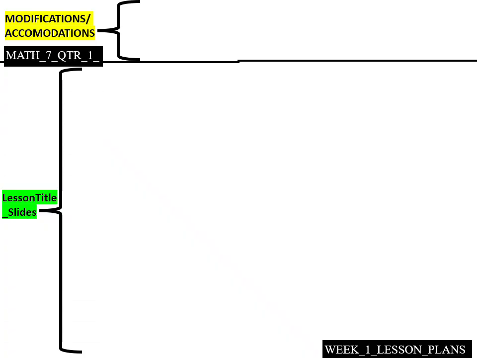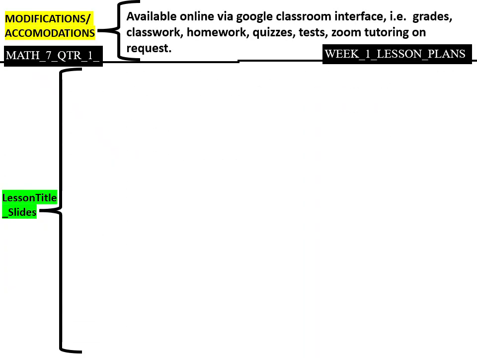Modifications and accommodations are available online via the Google Classroom interface. All this can be done on your phone or your laptop: grades, classwork, homework, quizzes, tests, and Zoom tutoring on request.